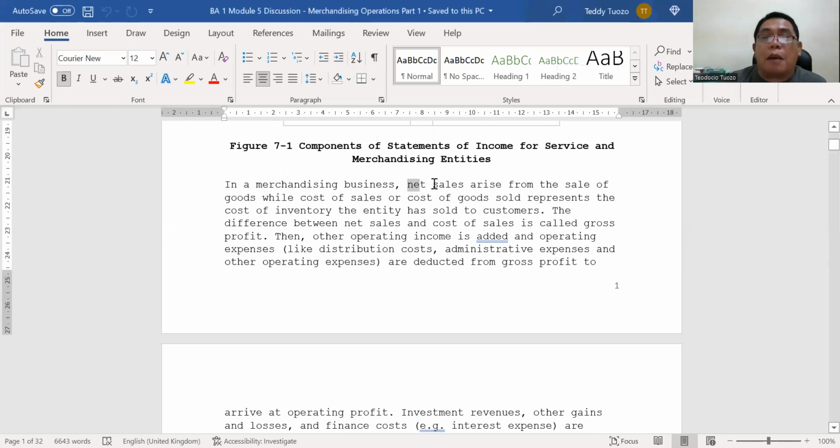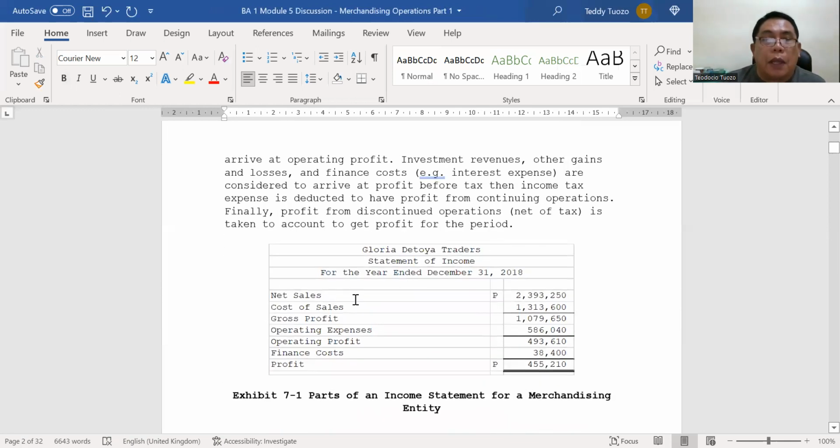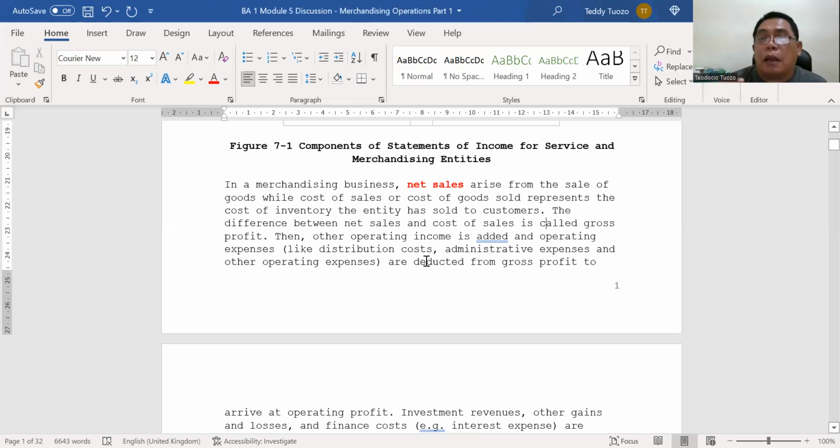When we say net sales, it is the difference between sales, the gross sales, and the deductions: the sales discount and the sales returns and allowances.